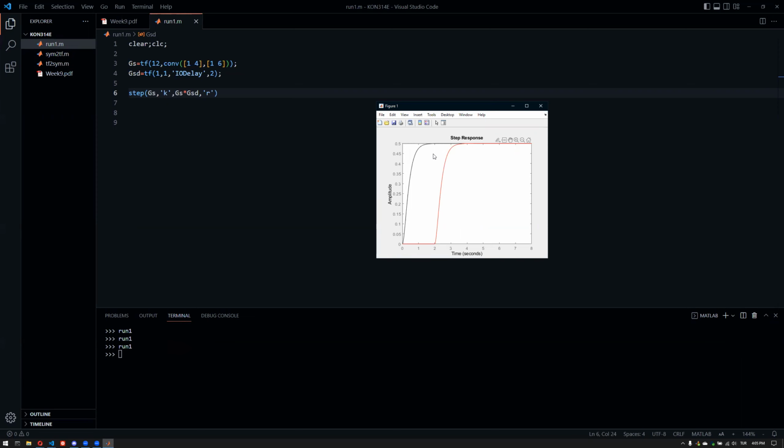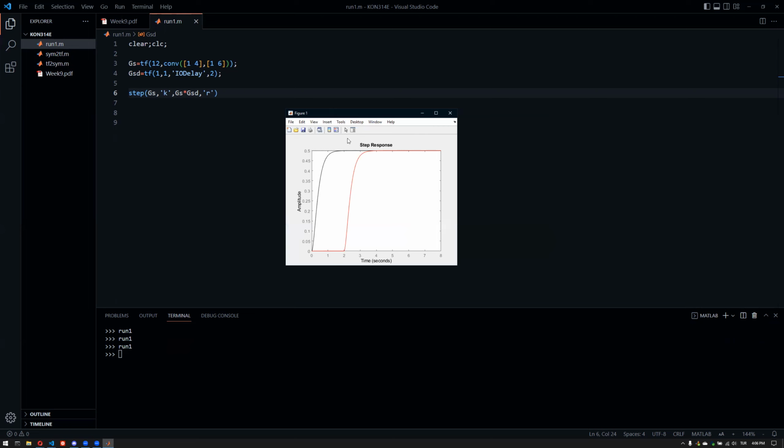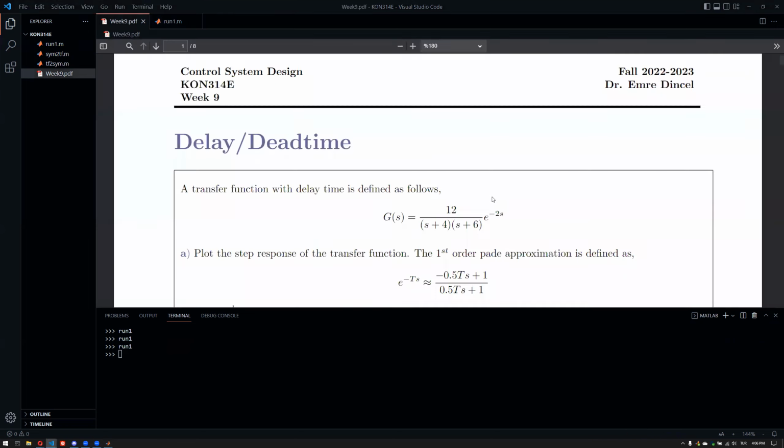Even though the step response seems to be easy, those analysis and synthesis tools sometimes don't work even for delayed systems.